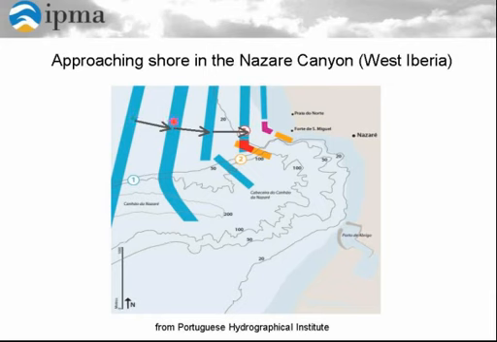For instance, if the propagation was from north, the refraction will be a lot bigger, and so the loss of energy by the waves would be significant. But in this case, with this direction of propagation, the loss of energy is almost irrelevant here.